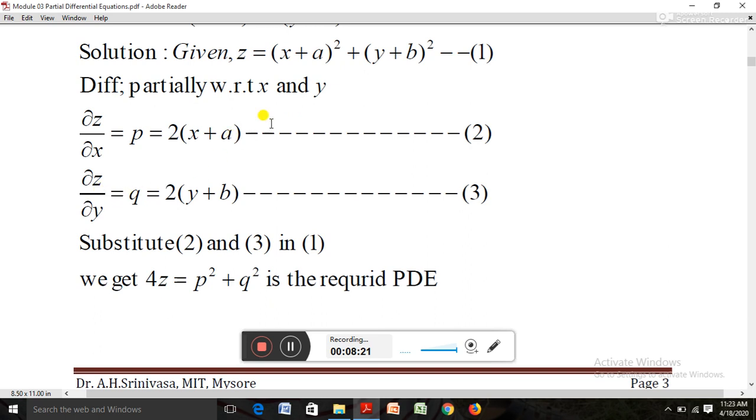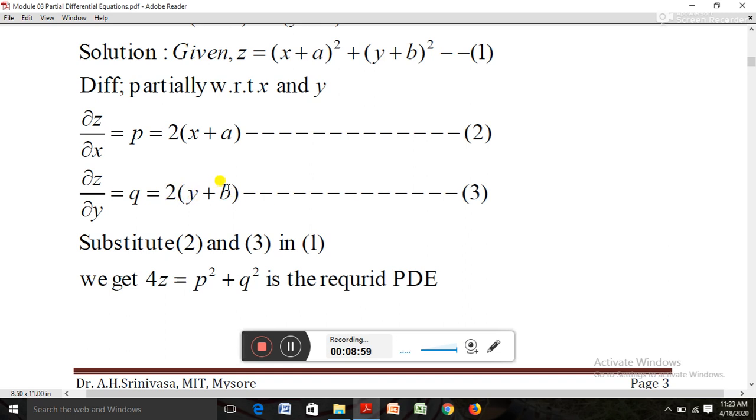Similarly, with respect to y, dou z upon dou y we denote as q. Treating x and a as constants, the x plus a term becomes constant and its differentiation is 0. The remaining term is y plus b the whole square, so it is 2 into y plus b into the y differentiation, which is 1, and b differentiation is 0.